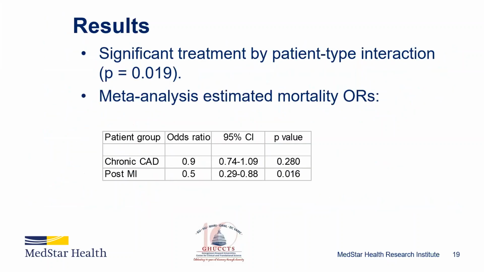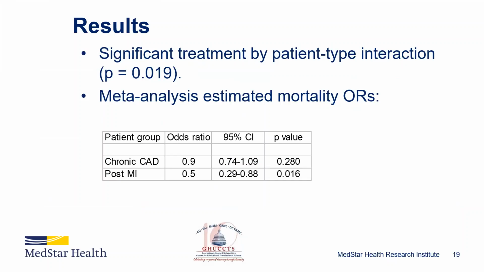So these are our results: in the meta-regression, there was a significant treatment by patient type interaction. And our meta-regression estimated the mortality odds ratio for the CAD patients as 0.9, for which the confidence interval included 1. So that would argue for no benefit of PCI for those types of patients.